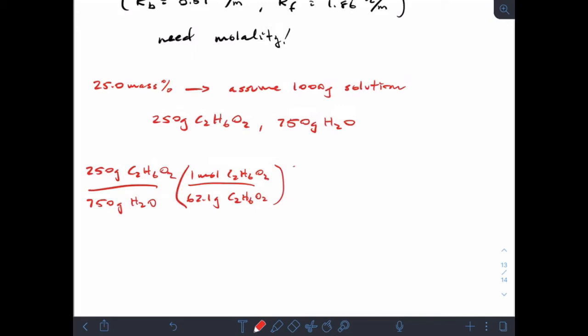So I need to convert those grams into kilograms. Okay. So if I'm careful with writing all my units down, which I encourage you to do, grams of ethylene glycol go away, grams of water go away, leaving us with moles per kilogram. So we end up with a molality of 5.37 molal.